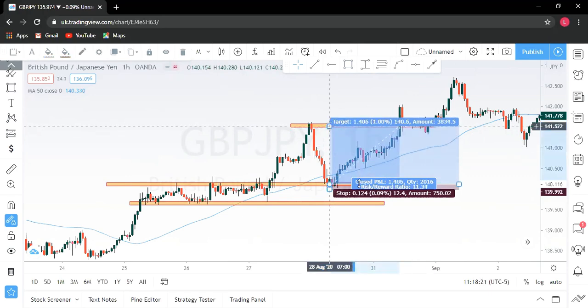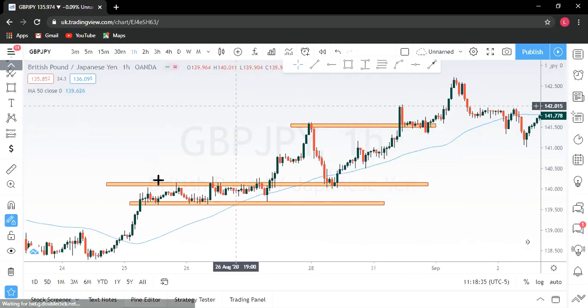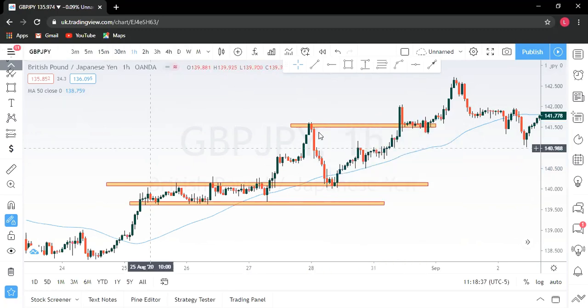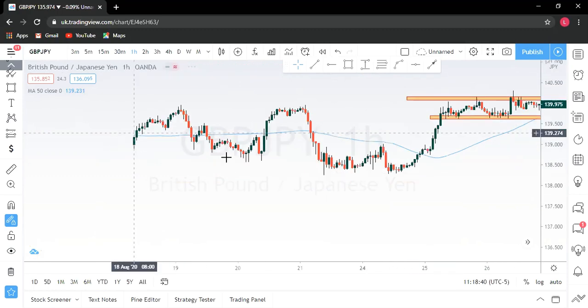Can you see that that's 1:11? That means maybe you are risking $10 to make $110. So your stop loss is 12.4 pips. Your take profit is 140.6 pips. So that is how to go about trading support, resistance, breakout, retest. So let's look for more examples on that.